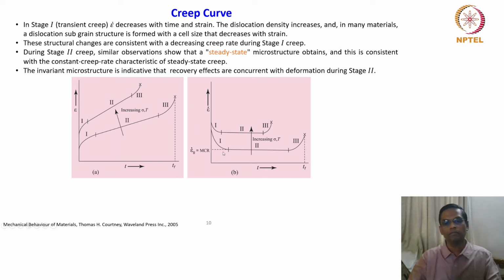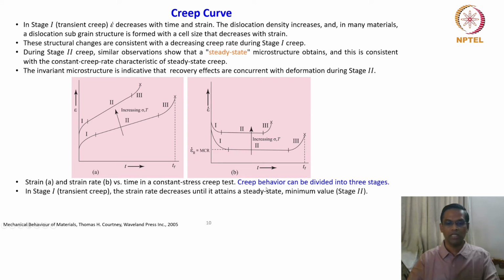On the other hand, the creep rate versus time also shows a similar trend. With increasing sigma and temperature, your creep rate also becomes very high. But you can see that the overall time to break is reduced as the temperature and stress increase.